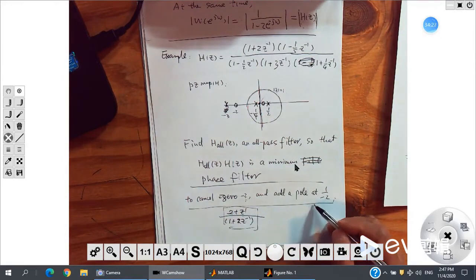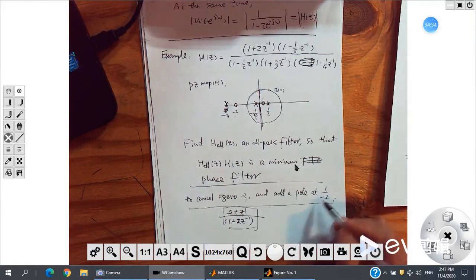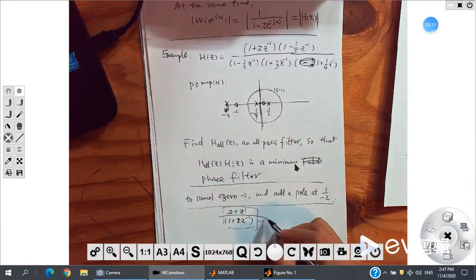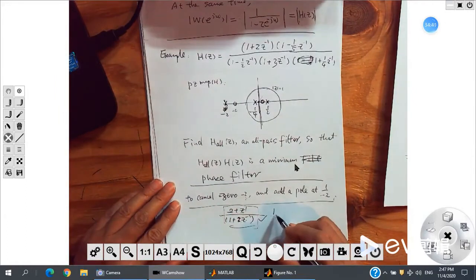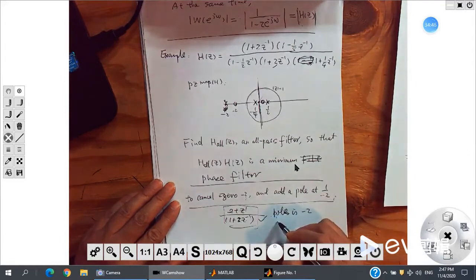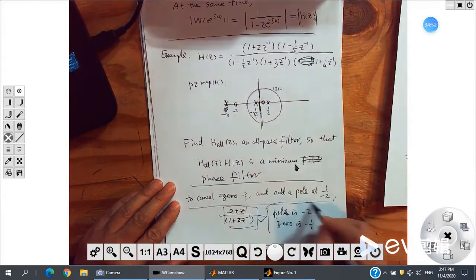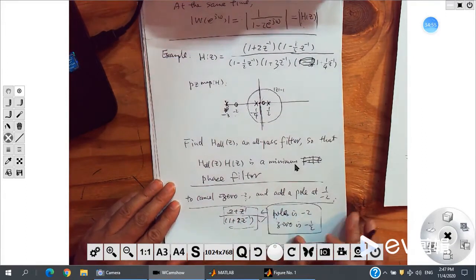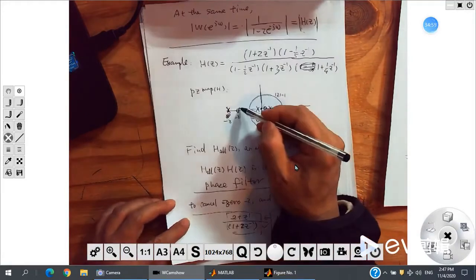And I want to add a zero at -1/2. Okay, so this is good. Pole is -2 and zero is -1/2, right? Okay, this is for this one.